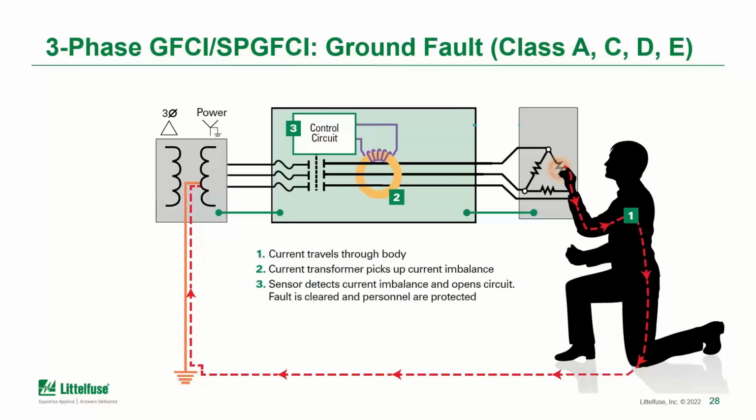You can follow the steps shown here, but once somebody makes contact with an energized circuit and that leakage current does flow, the current sensor can detect that unbalance and the control circuit opens the fault within the specified time. This theory of operation is similar for all the standard GFCIs.